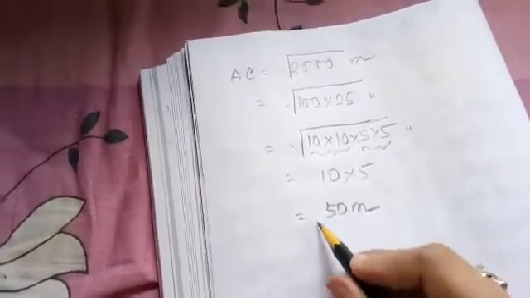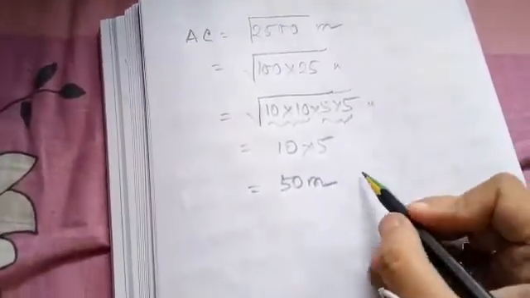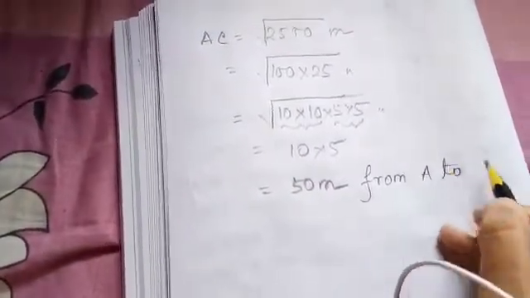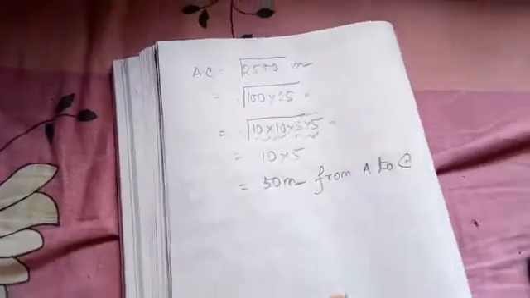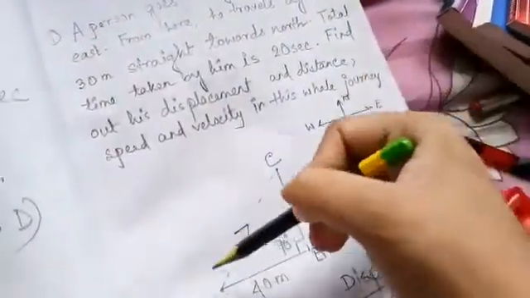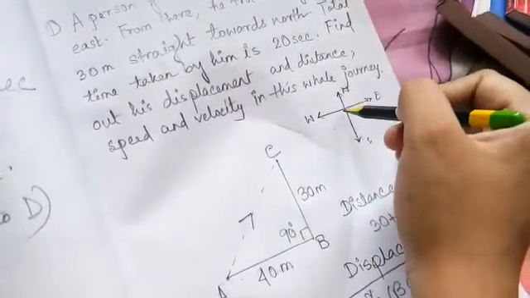meter. But only 50 meter if I write, my answer will not complete because it is a vector quantity. So we can say from A to C, right? The direction will be from A to C, or we can say this direction is actually the northeast direction.